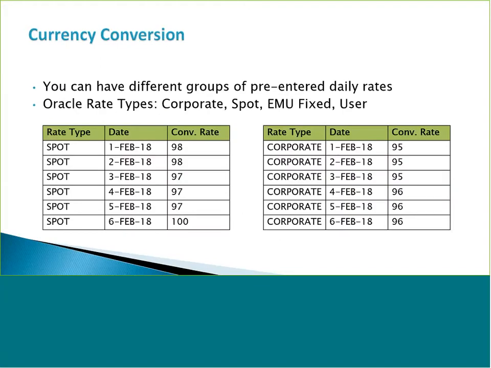Now, let's talk about the daily rates and rate types, which we have said are the ones which are pre-entered. Once you go to daily rates in Oracle, you can then create rate types under those daily rates.